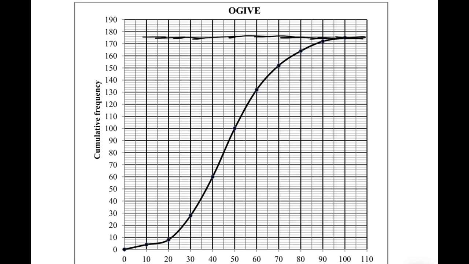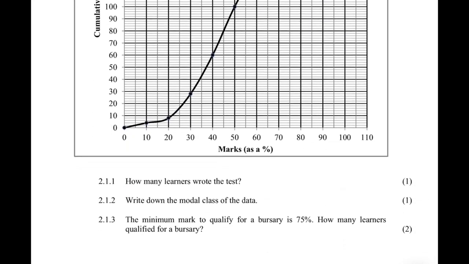And then if you extrapolate from there, you will end up at 175. So the number of learners who wrote the test is 175. So here, 2.1.1, we have 175. It's the cumulative frequency.